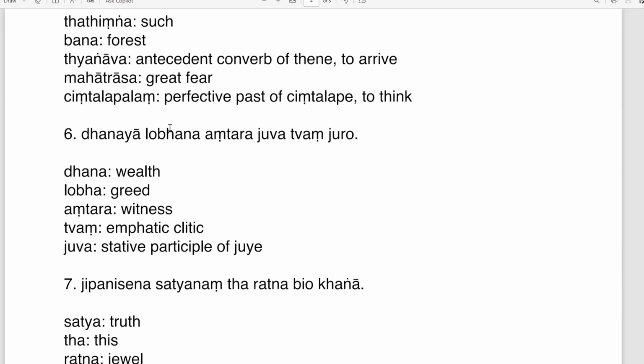So because of the greed for the wealth, he or they, third person because the finite verb Juro is the perfective past disjunct. So it must be a third person or a second person. So he or they became witnesses. And Duan here is emphatic poetic.